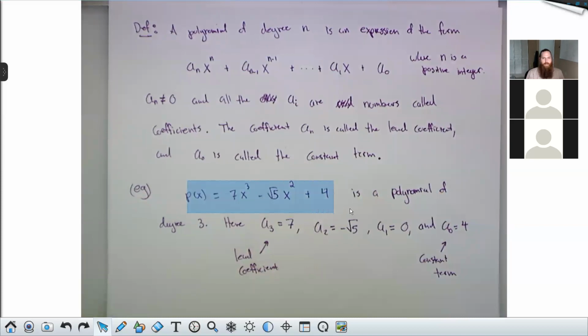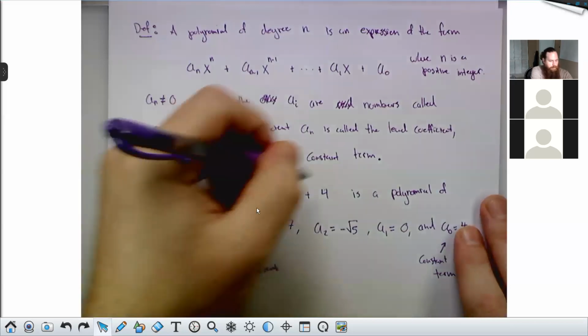If your function has any powers of x that are not non-negative integers, like fractional powers of x, square root of x, x to the 1/2, x to the 2/3, that's not a polynomial. And anything that contains those is not a polynomial. Any function that has a negative power of x is not a polynomial.